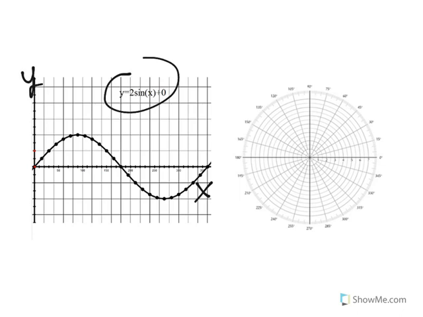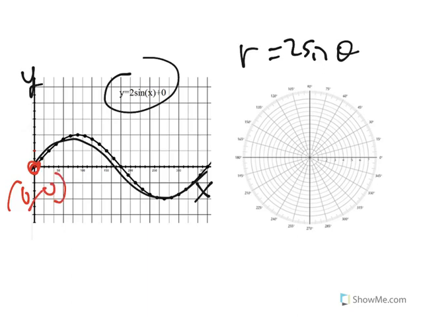Y equals 2 sine x plus 0. Well, that's a sine curve that looks like this. Now here's r equals 2 sine theta. And the way this works is every point on the left, like this is the point 0, 0, that corresponds to the point 0, 0 degrees on this.